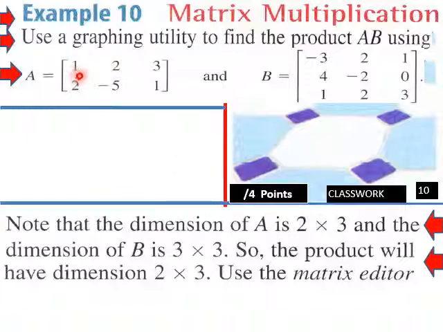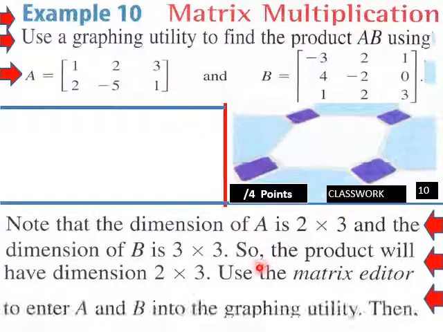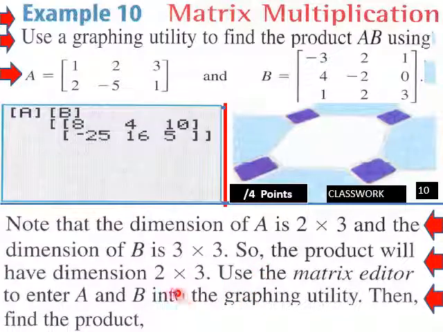Here are our rows. And then our columns, we got 3 columns here in each. And then use your matrix editor on your calculator to check your multiplication there to find a product. So we have 8, 4, 10 in our first row here.